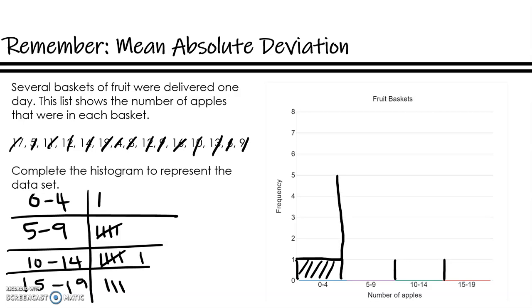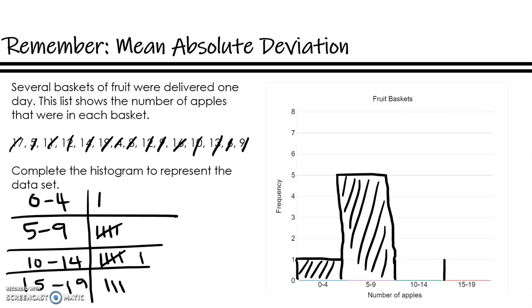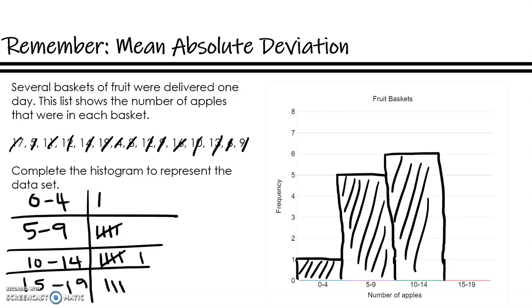Remember that with a histogram, the bars do connect. 10 to 14, they're going to go up to 6. So that's my highest. And then 15 to 19 just go up to 3. Okay.